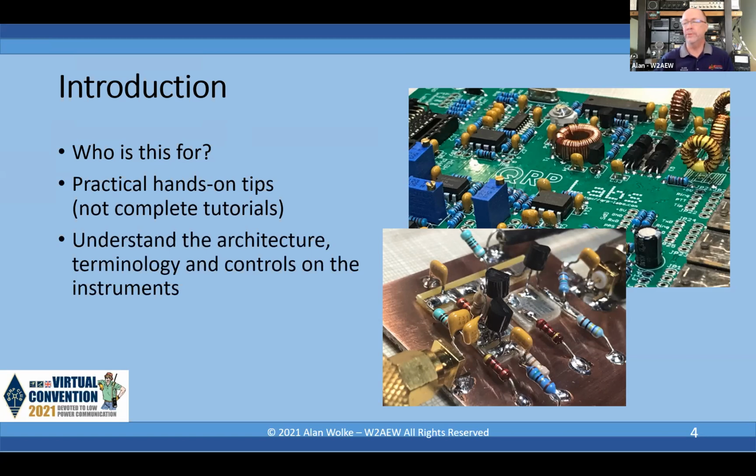I'm a firm believer in understanding the architecture of a piece of equipment or anything that you use. Understanding how it works makes you more efficient in using it properly. And that applies to a car with a manual transmission. If you understand how the clutch and transmission work, you can drive it better than if you don't know how it works, for example. Same thing holds true for electronic test equipment. So we're going to cover some of that.